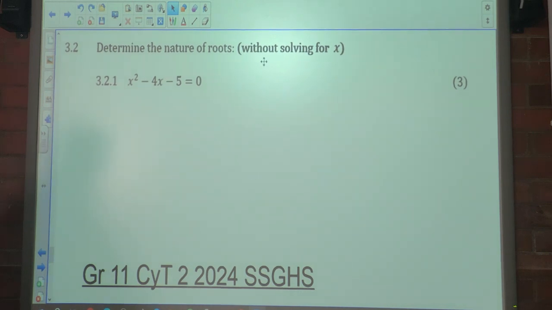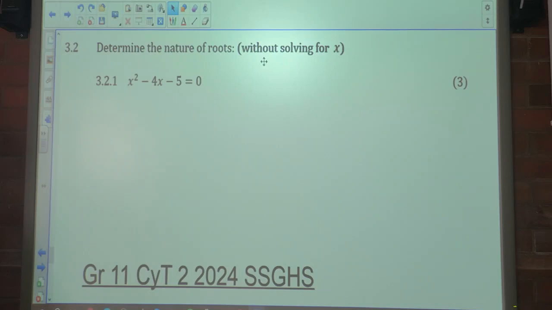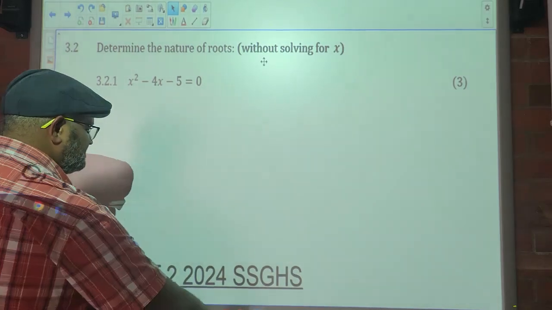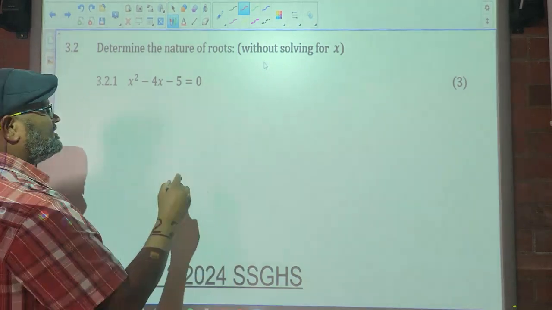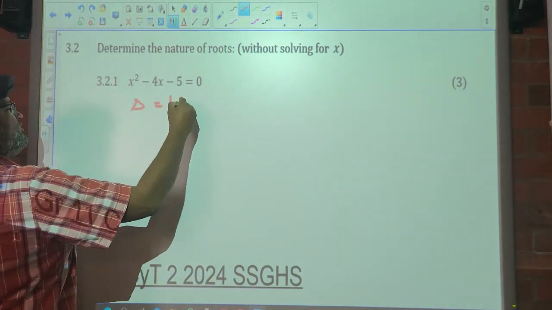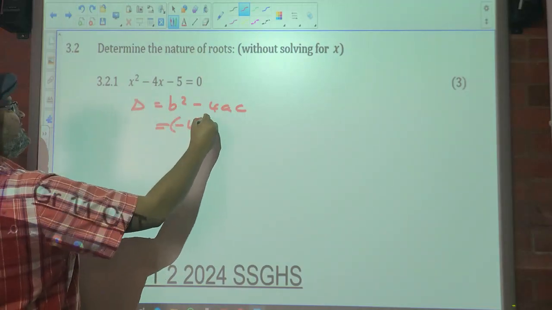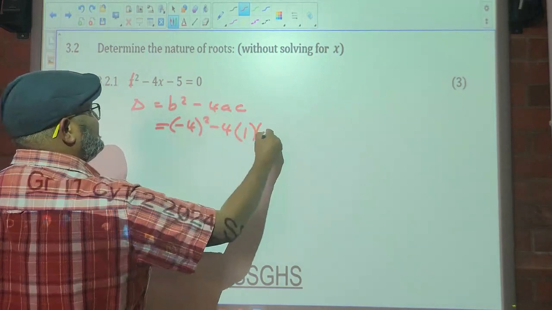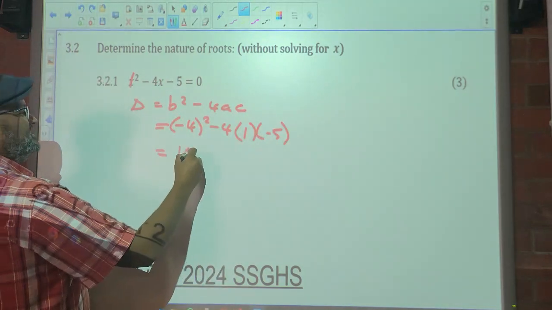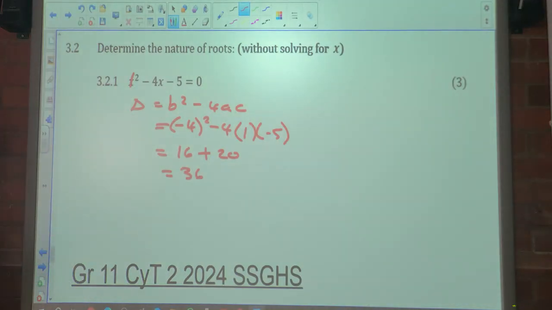People, it says here, without solving for x, most of you go solve for x. So, determine the nature of roots. Nature of roots is dependent on what? Delta, which is b squared minus 4ac. What's your b value? Negative 4 squared minus 4, your a value is 1 and your c value is negative 5. Which gives you 16 plus 20, which is 36. Is this a perfect square? Yes.